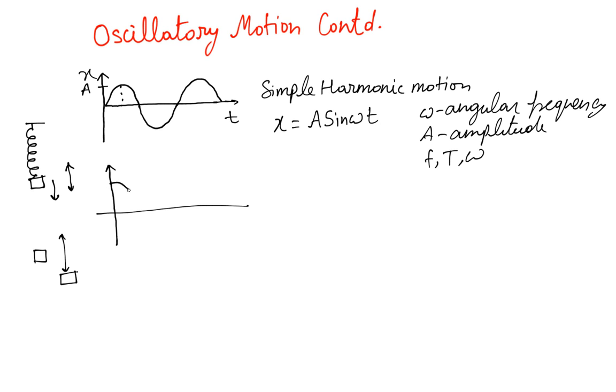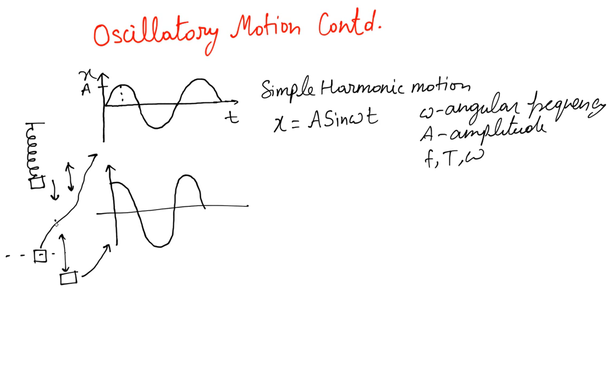You start with the maximum because you have stretched the spring maximum, and then the simple harmonic motion follows. So this motion contrasts with this one in that here you assume you started recording from this situation, while here you started describing the system from this situation.